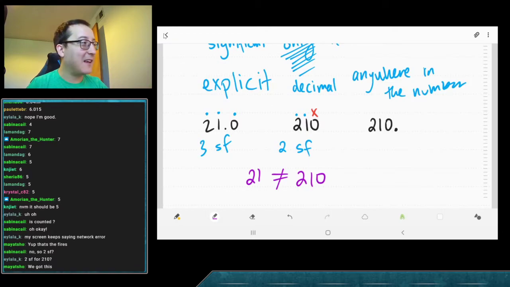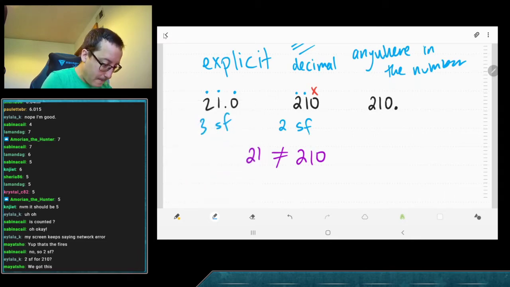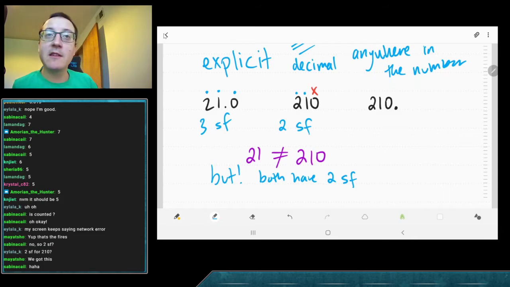If you'd be asked, do you want $21 or $210, hopefully you'd make the right choice there. Both of these numbers do have two sig figs, but they are not the same number. That 0 at the end is a placeholder also. Just like we had placeholders before, we could have placeholders after a number. So that 0 is there to tell us it's 210 and not just 21, even though it only has 2 sig figs.